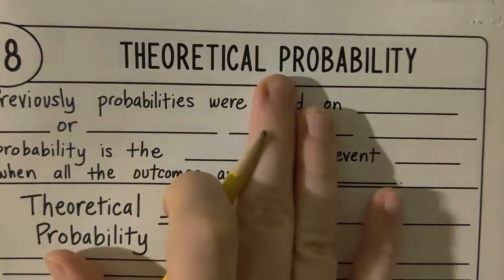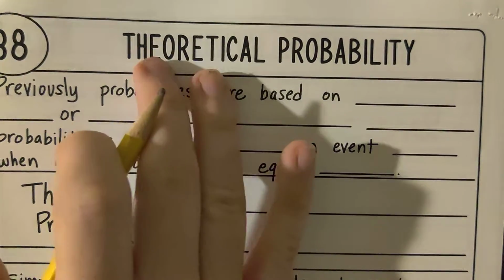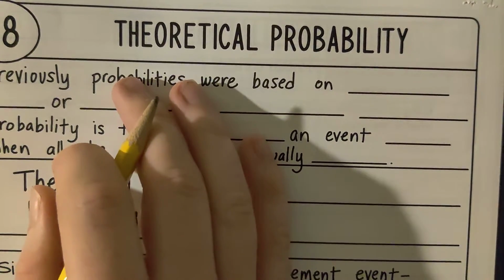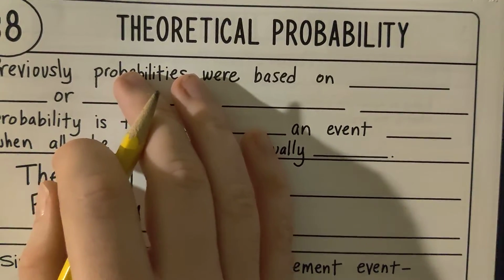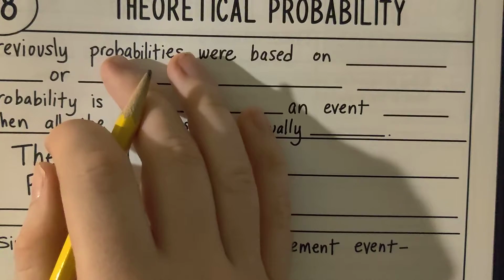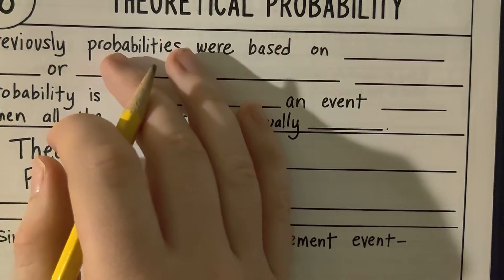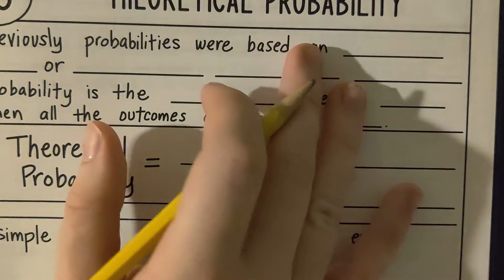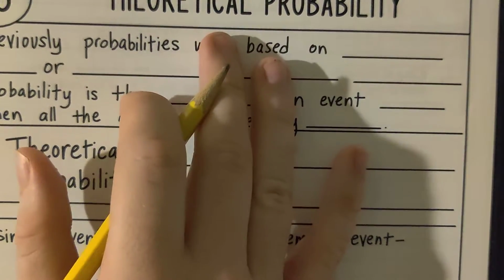So we're going to be talking about theoretical probability. I feel like the other sheet that you'll see in the first video kind of dips into theoretical probability a little bit. We're going to go more into detail on each, experimental and theoretical, and really get a good idea of the difference.